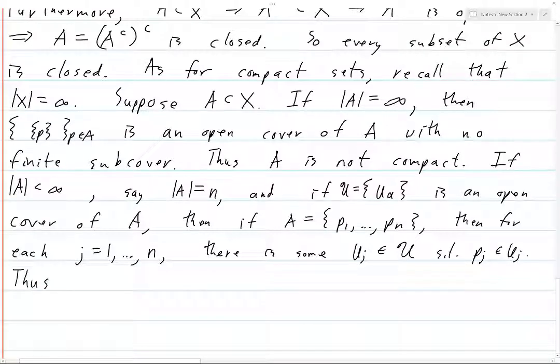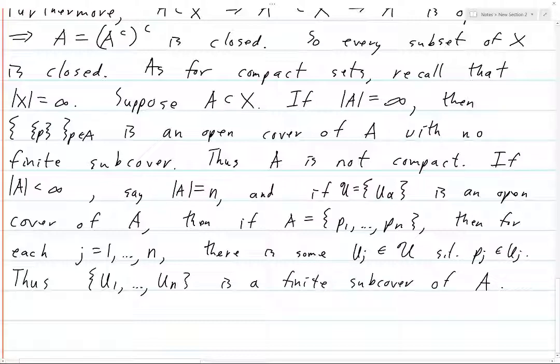Thus, we have the collection U1 all the way up through Un is a finite subcover of A.